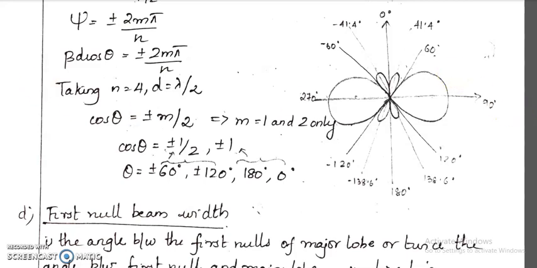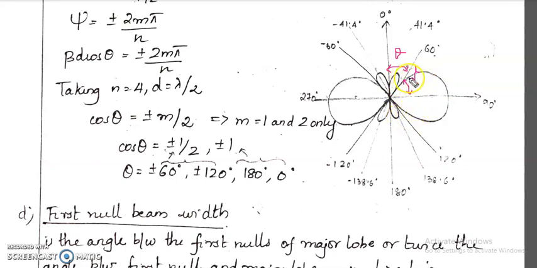For that, let us consider gamma to be the angle between the first null and the major lobe axis, and theta the angle between the first null point and the z axis. From that, the first null beam width is 2 gamma.